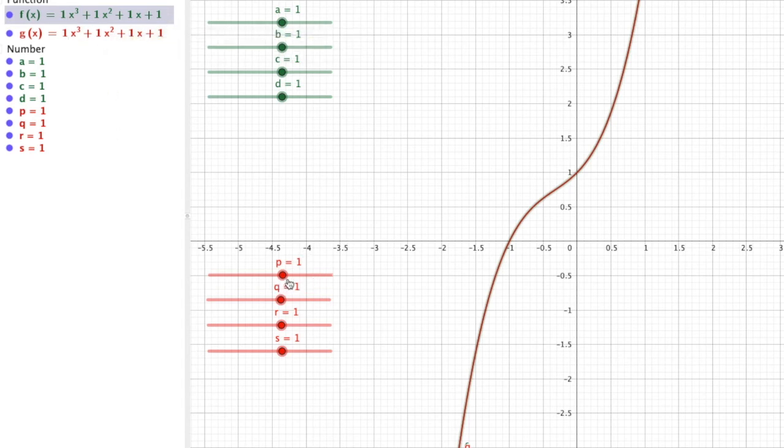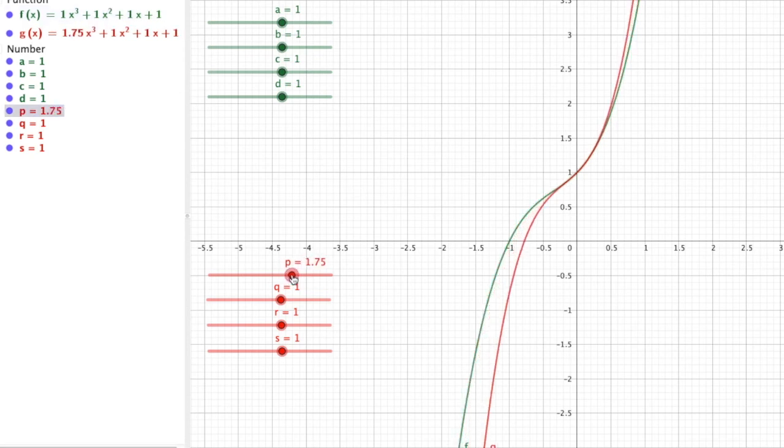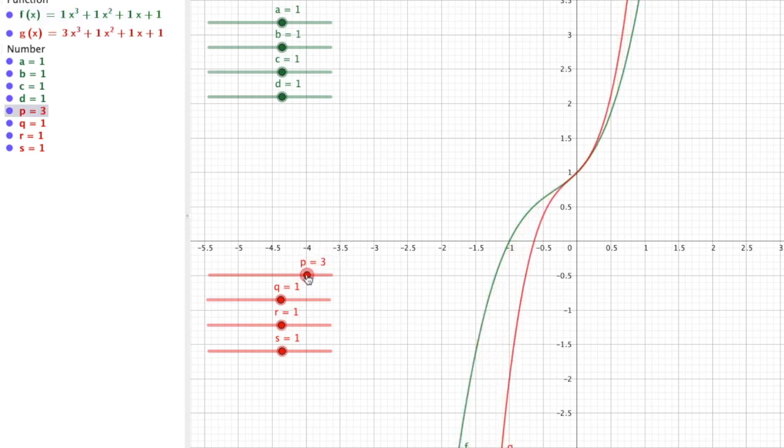So I'm just going to change the red one by altering the multiple of x cubed, or the coefficient of x cubed, and then I'm going to see if I can get the green one to match it by playing around with the coefficients there, and see if we can make it match up with different coefficients.